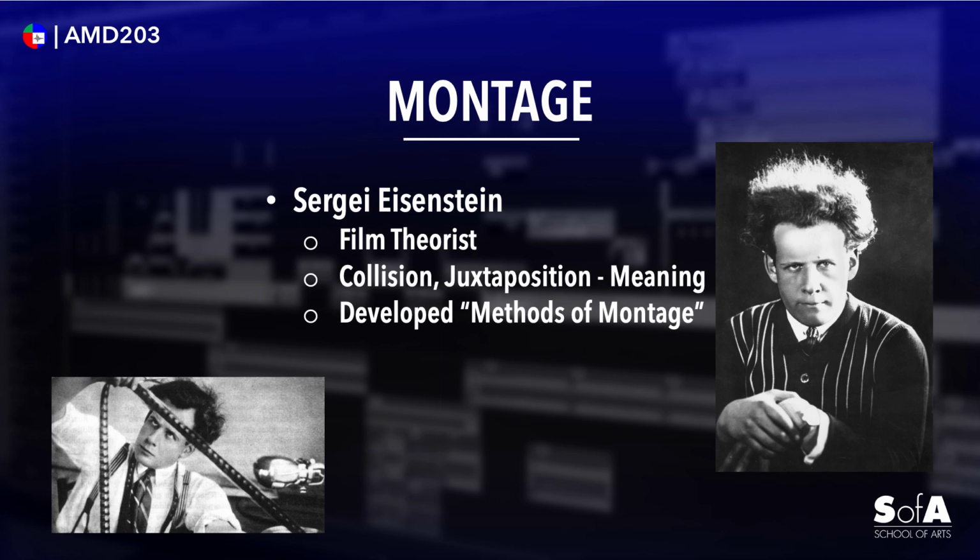So a shot could have its own identity, and the shot that followed it could have its own identity. But you put those two shots together, whether they are related or not, and you can generate a third meaning that is not contained in either of the parts. That's montage.